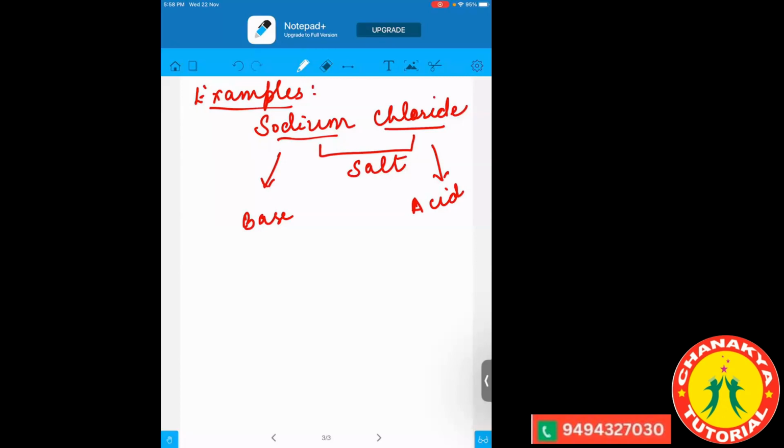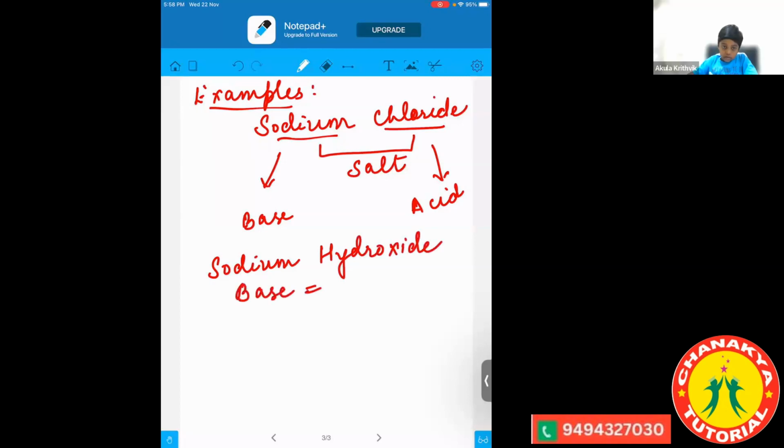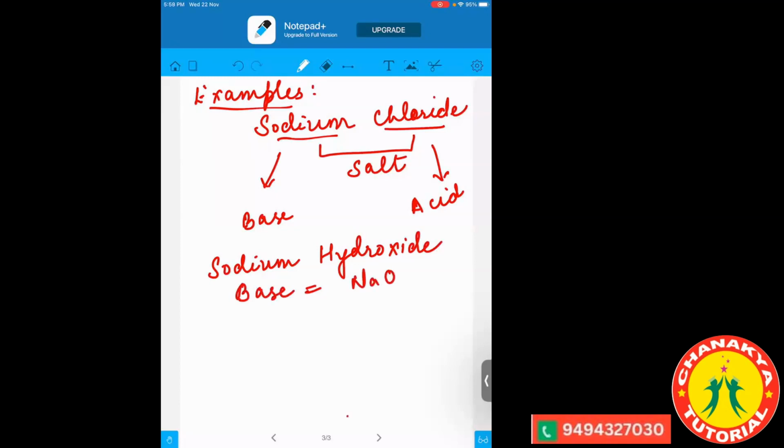The first one comes from a base called sodium hydroxide. What is the formula of sodium hydroxide? NaOH. And the second one, the word chloride, comes from the hydrochloric acid.